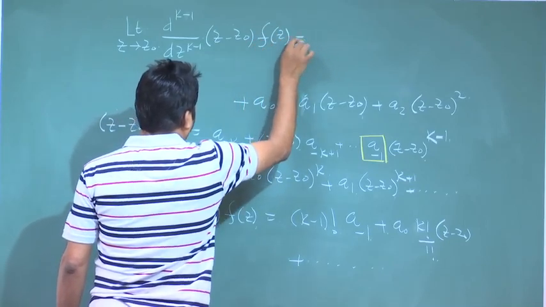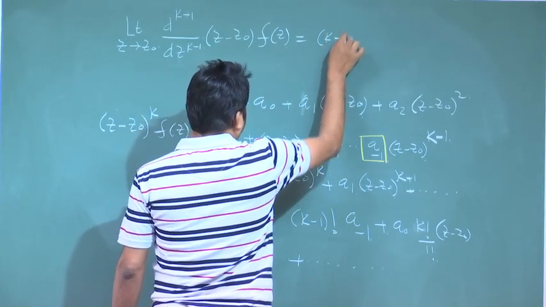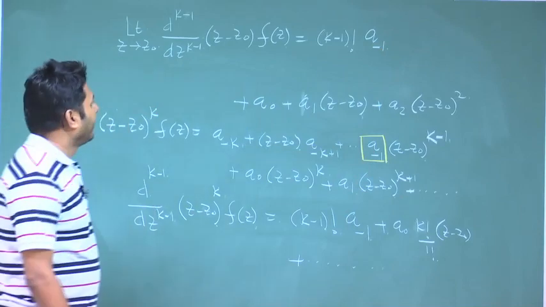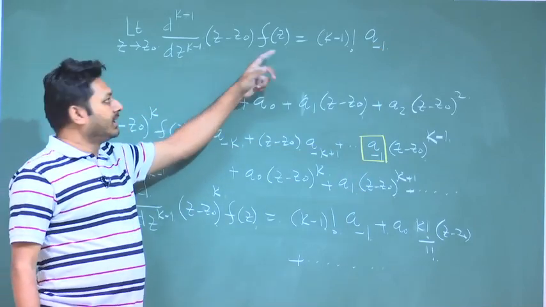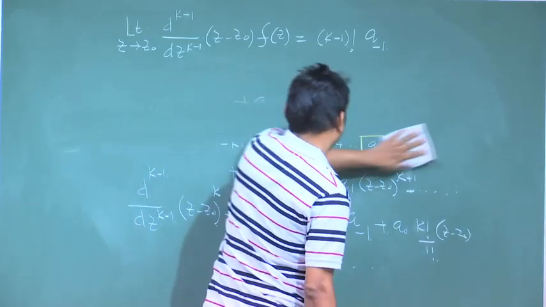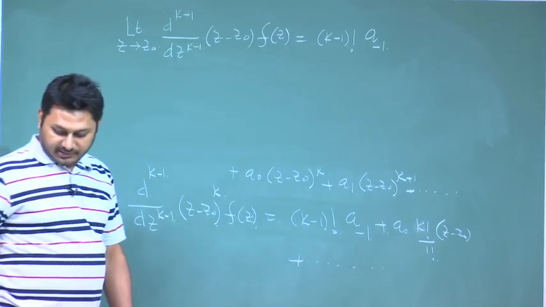If I do this, then on the right hand side I only have one term, which is (k minus 1) factorial times a minus 1. From that I can now extract a minus 1.